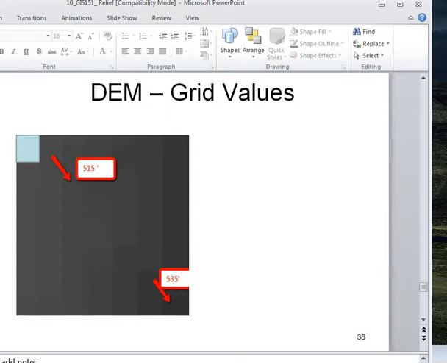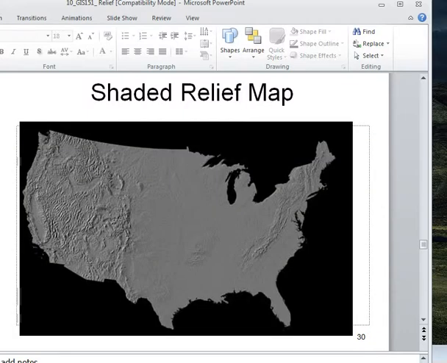Or the elevation model of the whole US: if you could zoom in on this, each of those squares is probably 500 miles by 500 miles. So they're trying to figure out the elevation average for that 500 miles by 500 miles, which is a huge generalization, right? So DEMs can be really coarse.